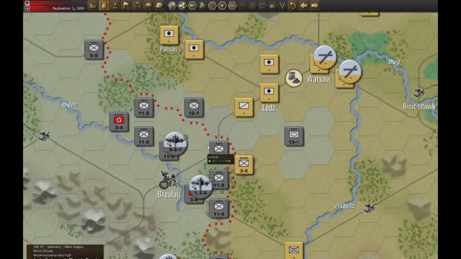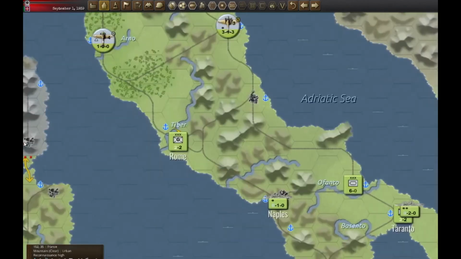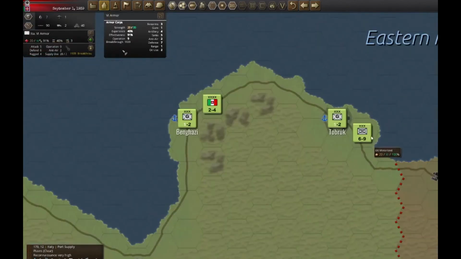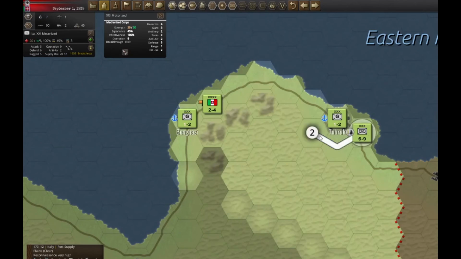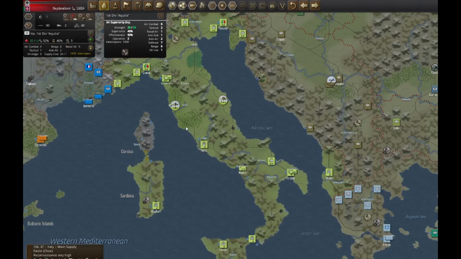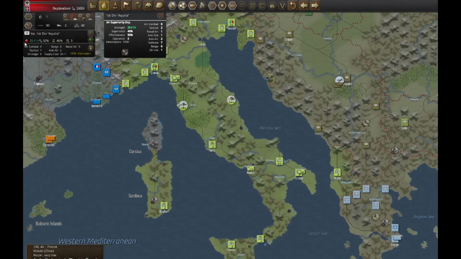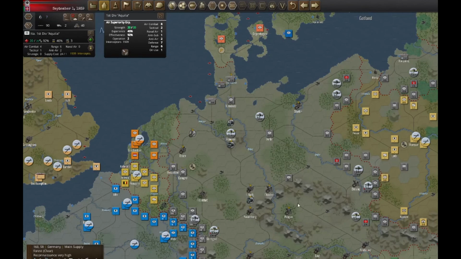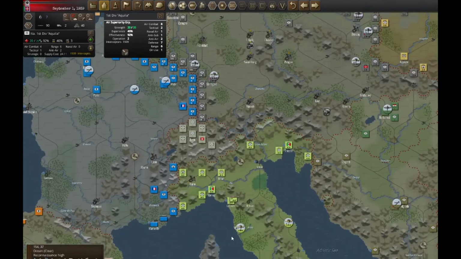So moving and attacking uses oil. Oil units are armor units, naval units, mech units. I wanted to emphasize those. Those and airplanes are what we call oil dependent units. And that's how the oil works.